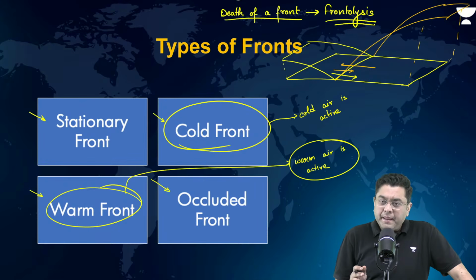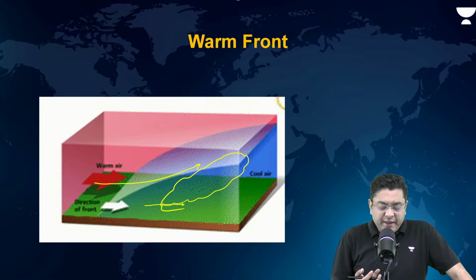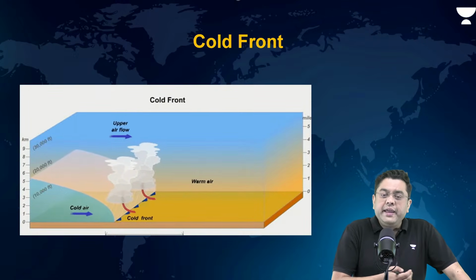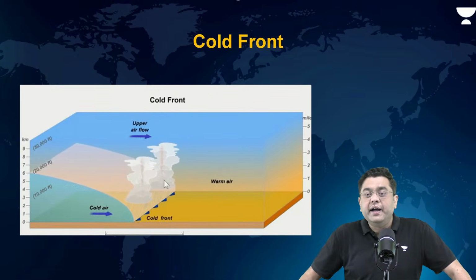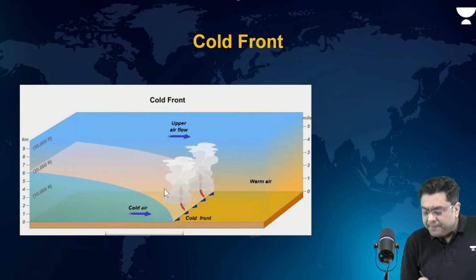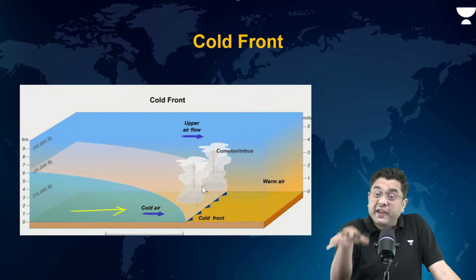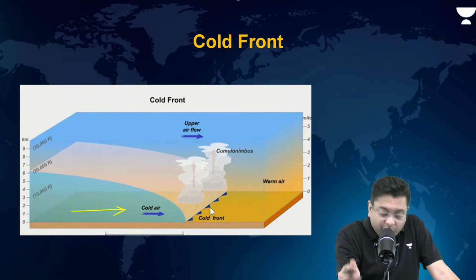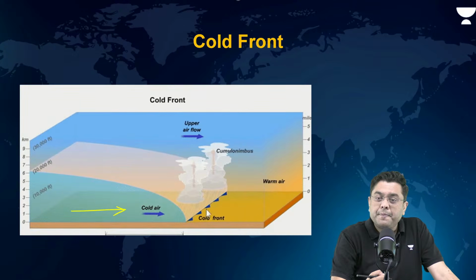But then, what is a cold front? In the case of a cold front, you will observe that cold air is moving ahead. Cold air is moving rapidly, and cold air is heavy. It is sticking to the ground surface. So, what happens to the poor warm air?